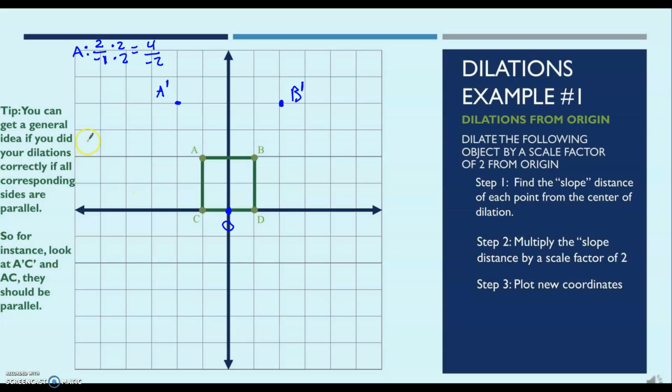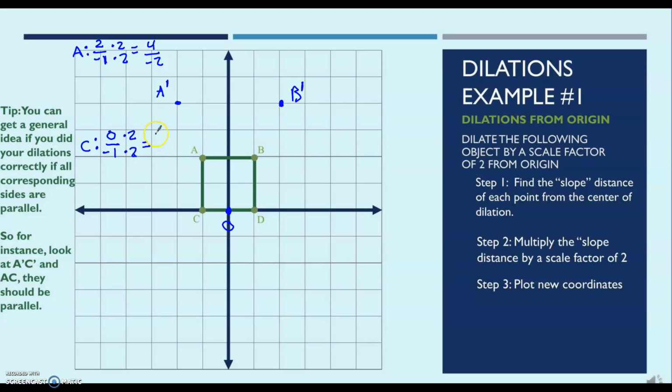And then let's say for point C, I want to go from the center of dilation to point C. I don't have to go up or down vertically to reach point C. So I go up 0 units, but I have to go left 1 unit. Now I just repeat the process. I multiply by a scale factor of 2 for the numerator and denominator.